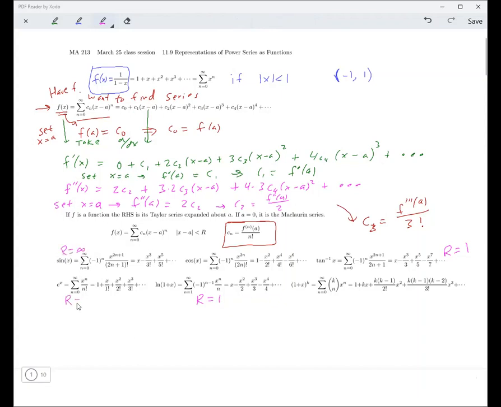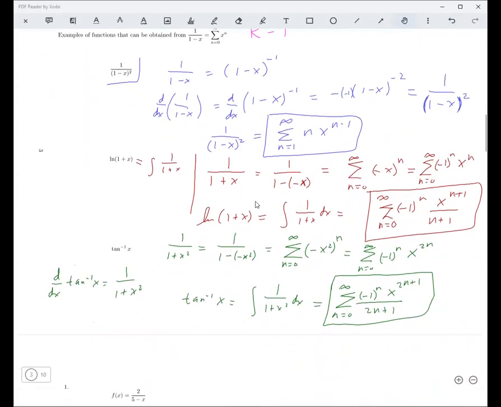And for the exponential function, it's also infinity, and this one's also infinity. This one kind of depends, okay? So I won't worry about that one. I'll write that down. Okay.